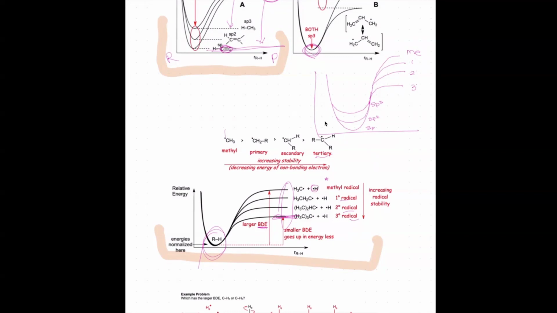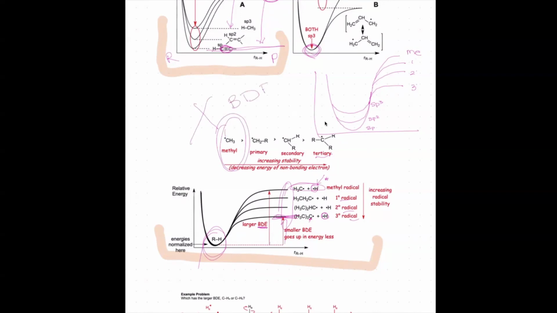Because remember, we're talking about dissociating this. So this is most stable here, which makes this have a low energy, so it doesn't take as much. Versus this is the least stable, so it does not want to dissociate.